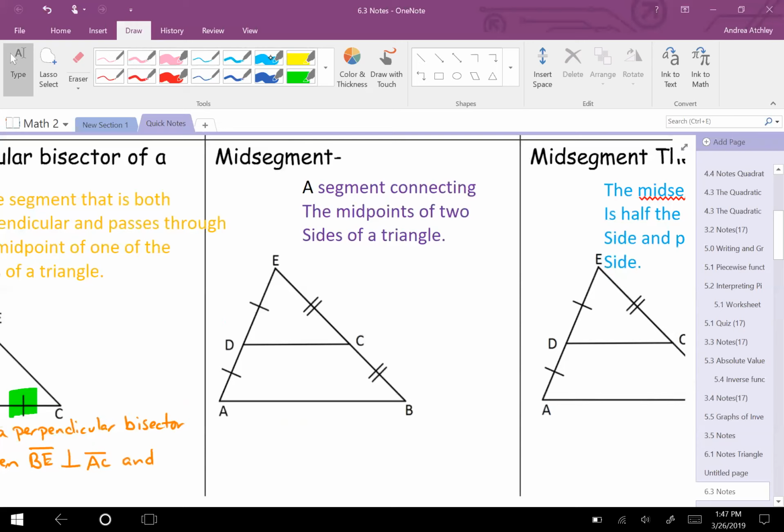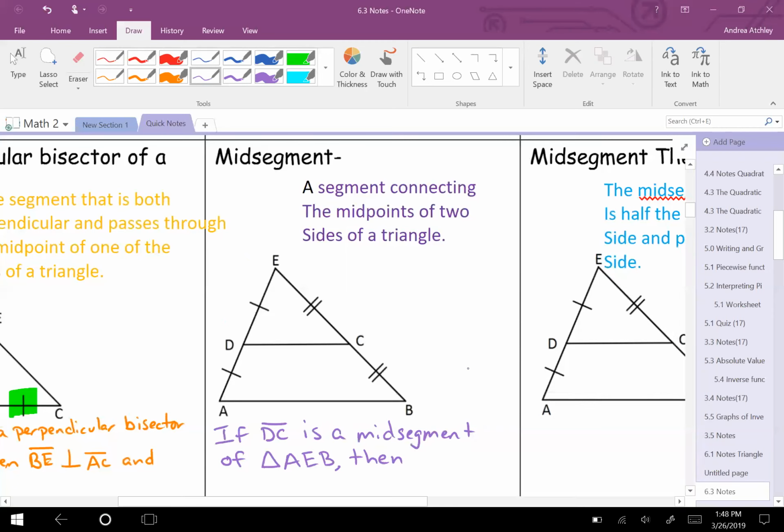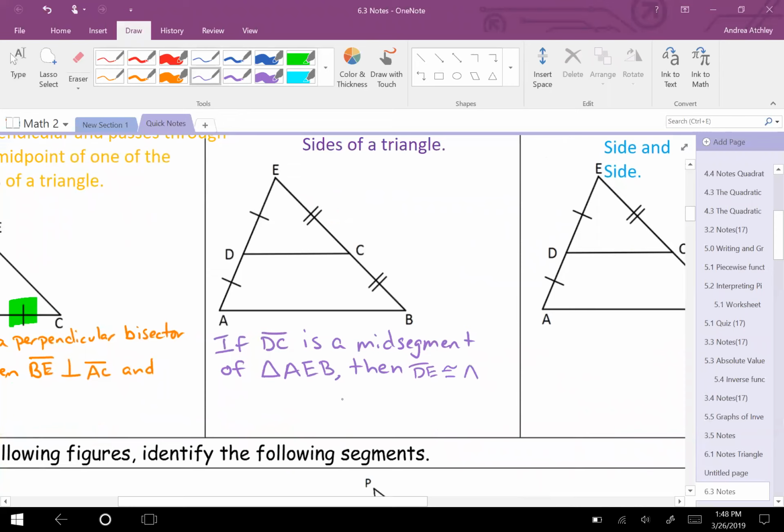So that would be, if DC, segment DC, is a mid-segment of triangle AEB, then DE would be congruent to AD, and EC would be congruent to CB.